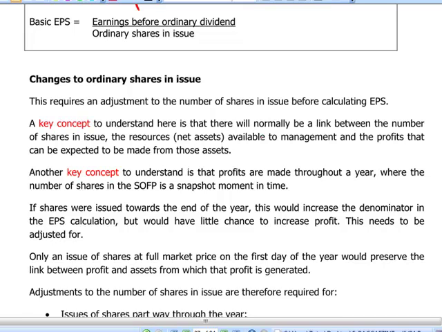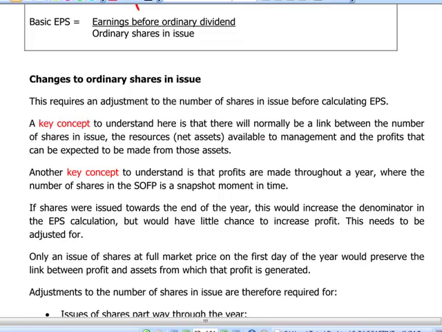Now, this will not be exactly the same figure if I'm issuing shares somewhere partway into the year, let's say halfway into the year, or if I'm issuing shares just 1 month before the year end. I'm still getting the cash, but the asset which I'm getting doesn't have enough time to generate future profit in the year, as it did in my previous example, where I have the full 12 months to put the cash at work to generate future profit.